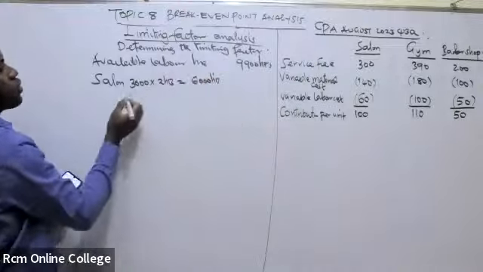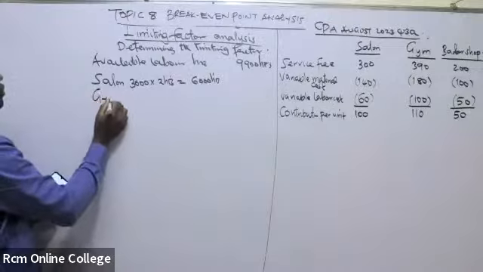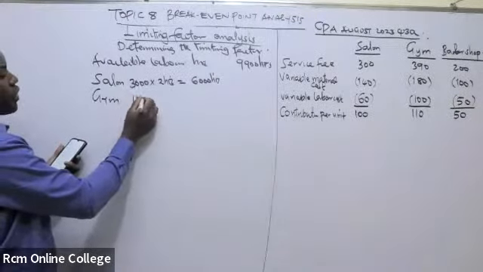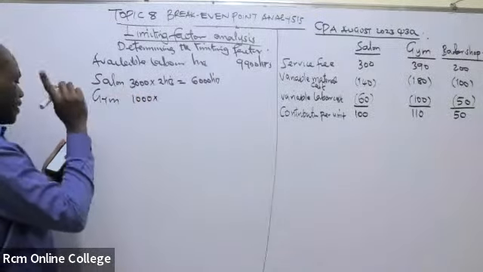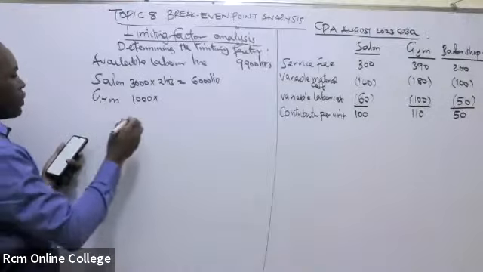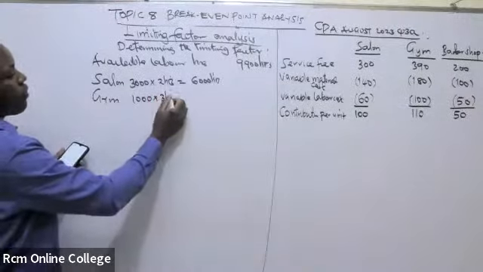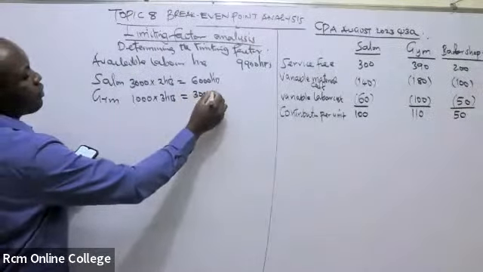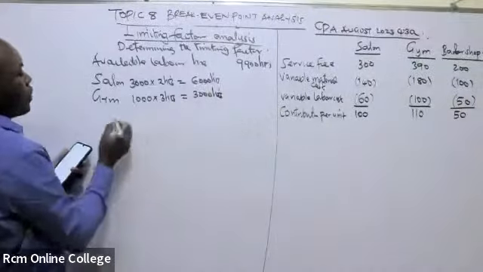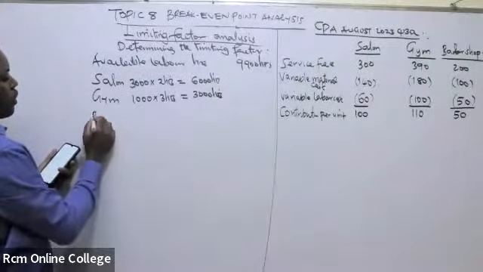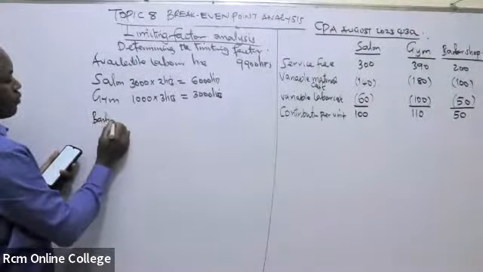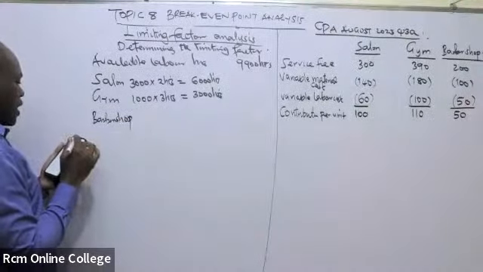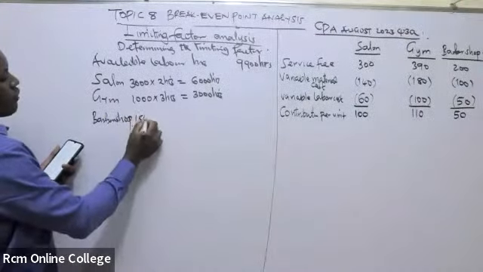hours. Let's go to the gym. The gym maximum clients is 1,000. And the labor hours required to serve one client in the gym is 3 hours. That will give us 3,000. Then in the barber shop here, clients to be served under information number 2 is 1,500.